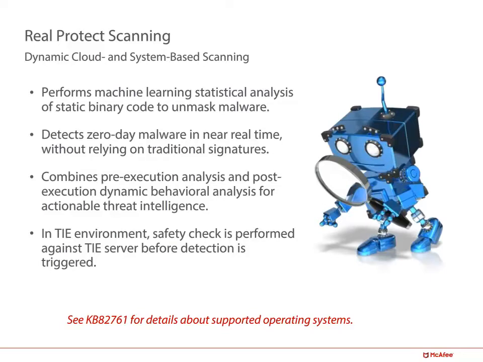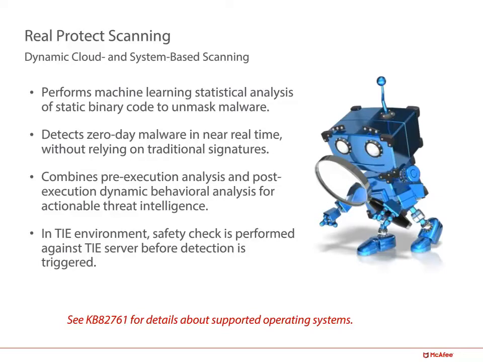The Real Protect static analysis happens as follows. I have a scenario where the system has internet access. Real Protect checks the file attributes against the local Real Protect static model on the endpoint. If the local model does not detect a file, Real Protect queries the Real Protect cloud to determine if the static model has an updated detection.